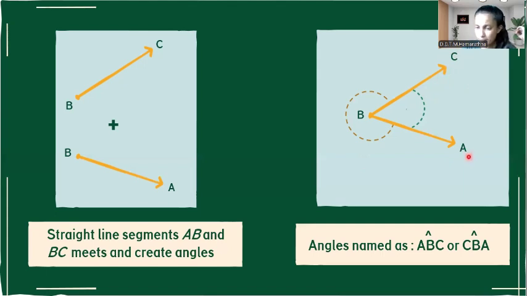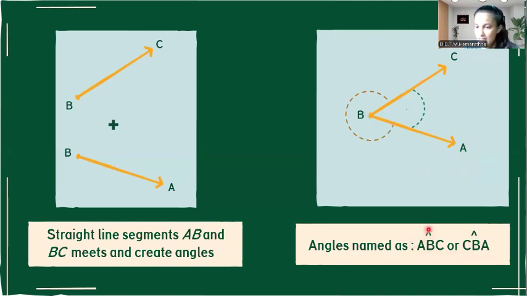We can name this angle as angle ABC, or we can use angle CBA. Both ways are correct. You can see here, the angle is named as ABC or CBA angle.